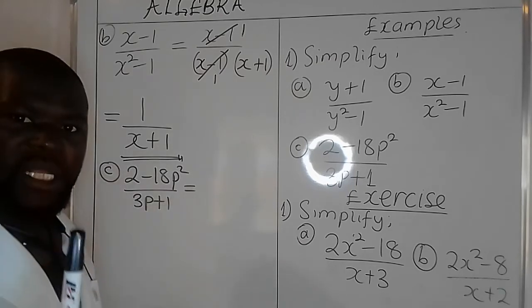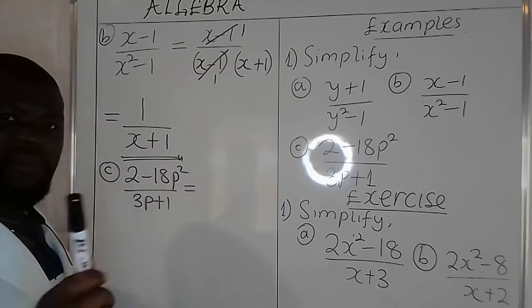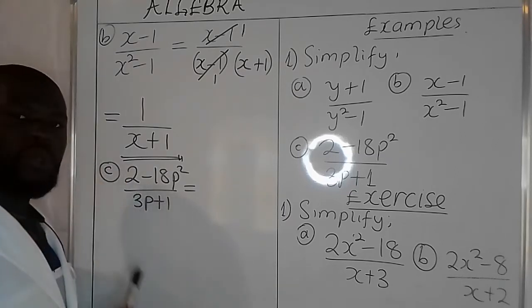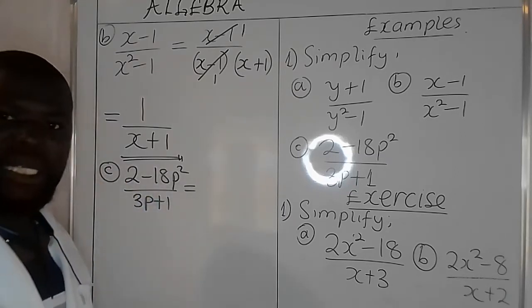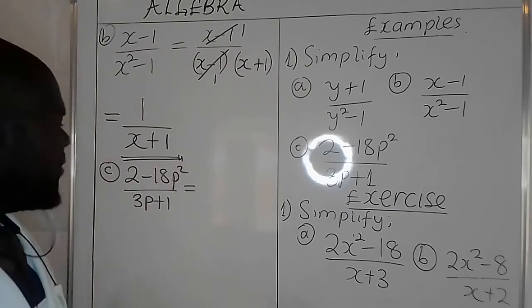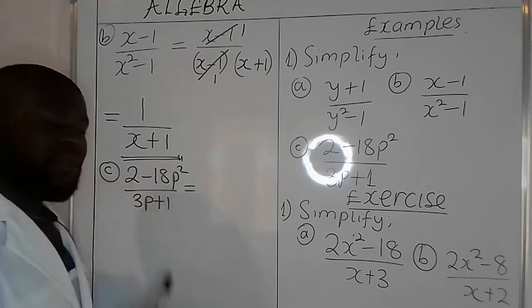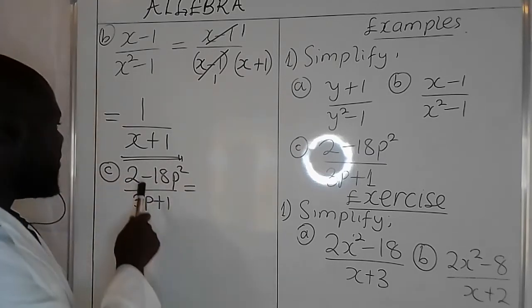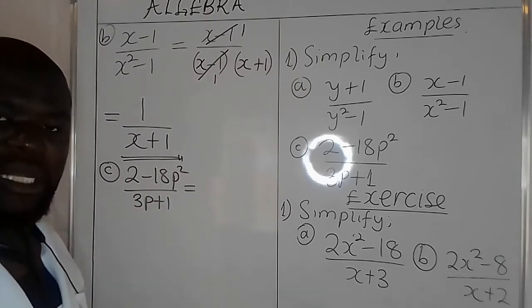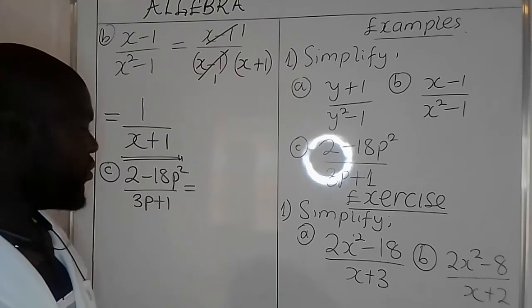As confirmation that 2 and 18 are not perfect squares, you get it from trying to get the square root of 2 or the square root of 18. The square root of 18 will give you a decimal number. Similarly, the square root of 2 will give you a decimal number. So these two numbers are not perfect squares, and the numerator is not a difference of two squares.